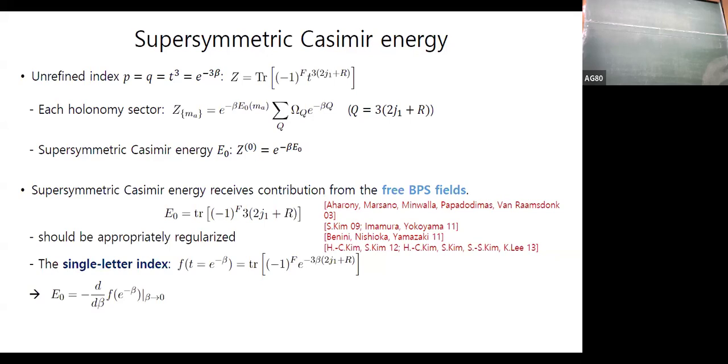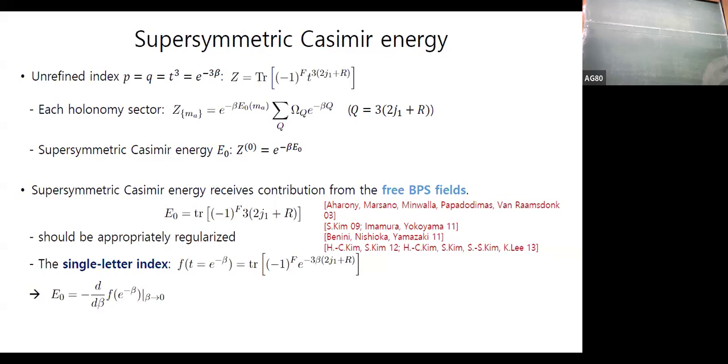This is the definition of E0. If you differentiate by beta, this exponent will come out. And you take the limit beta to 0, then this will vanish, so you will have it.